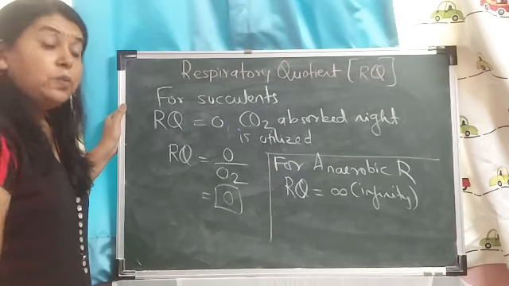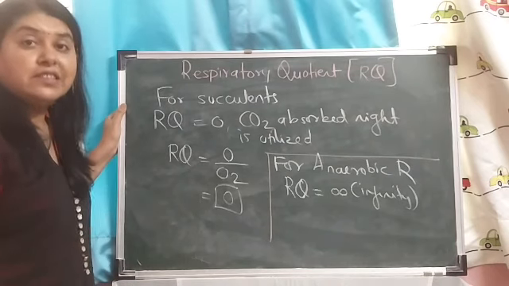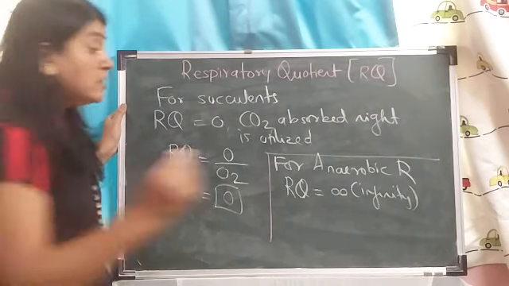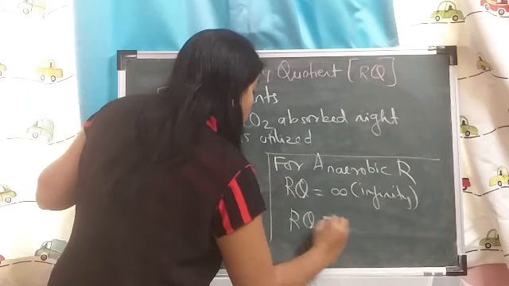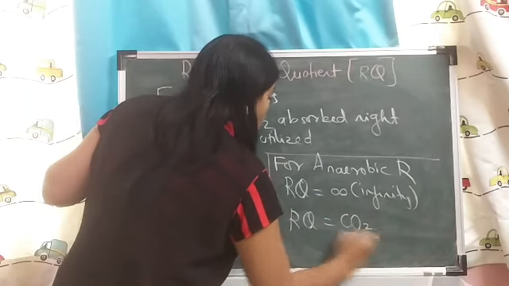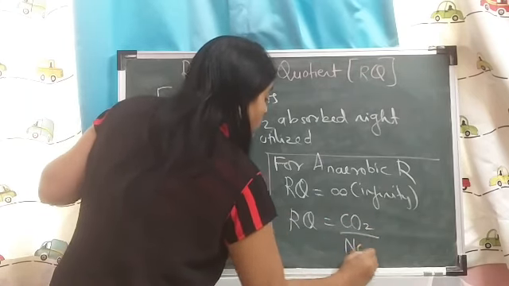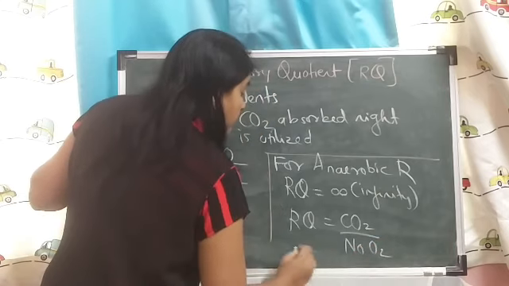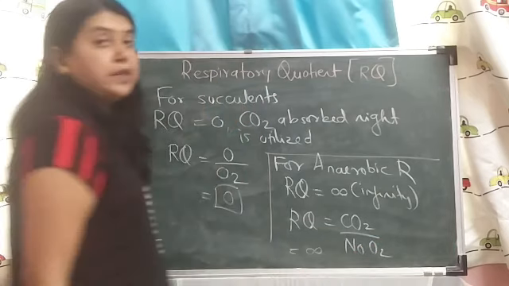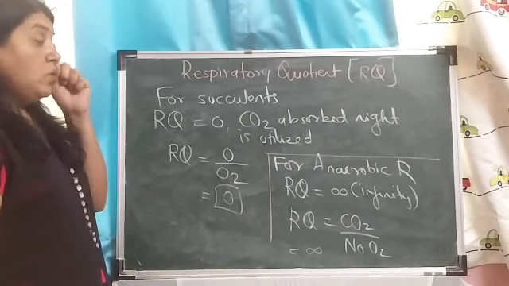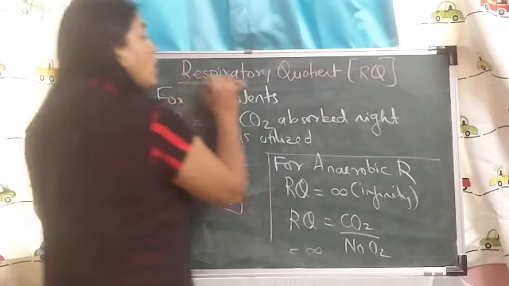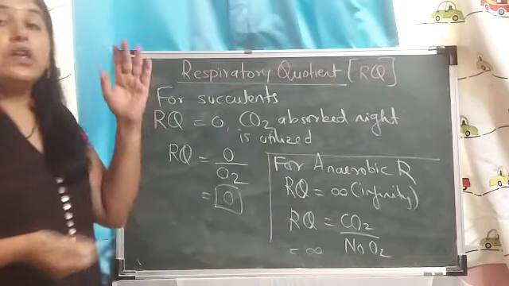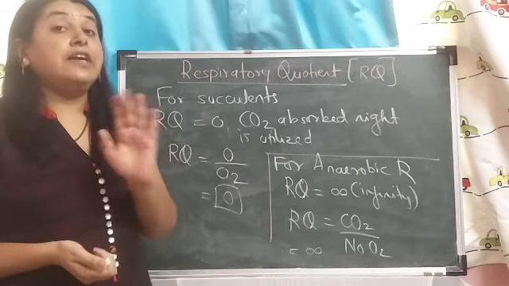Because in anaerobic respiration, only CO2 is released and no oxygen is consumed. So RQ is equal to CO2 upon no oxygen, that means it will be equal to infinite. Okay, so these are the values of respiratory quotient for carbohydrates, proteins and fats.